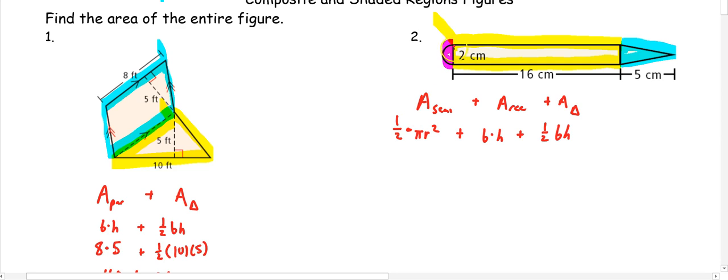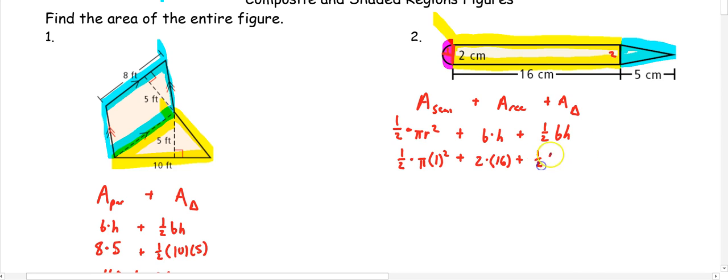So if the length of this side is 2, that means that our diameter is 2, so our radius is 1. So we have 1/2 times pi times 1 squared plus the area of the rectangle, 2 times 16, plus in this triangle, if this side is 2, the opposite side is also 2 in the rectangle.